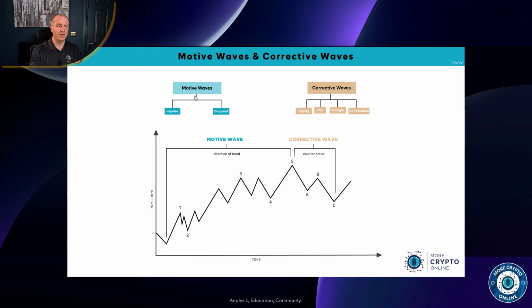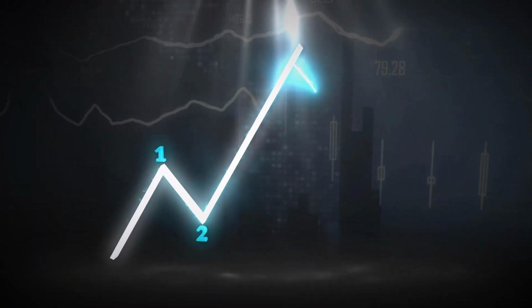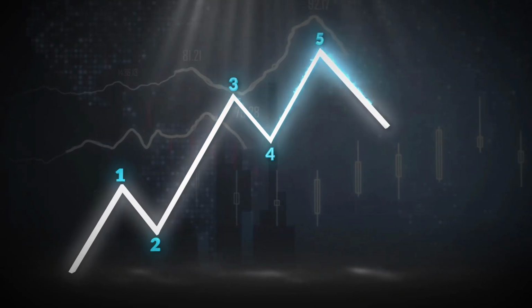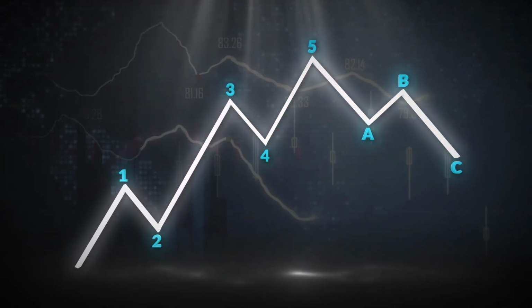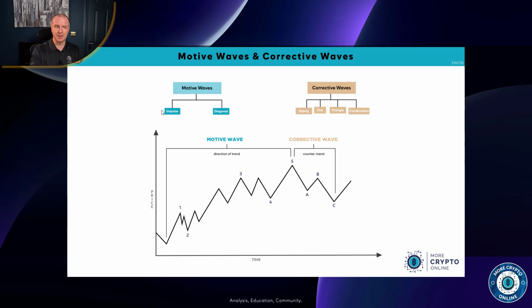You cannot have a motive wave with 3 waves. How is it going to work? You can't have a high, a higher low, and a higher high, but something is missing. That's not an uptrend. An uptrend, for example, needs a higher high, a higher low, and another higher high, and another higher low, and another higher high. Then you've got 5 waves, and that is essentially this 5-wave pattern that you see here on the chart. It's a motive wave that can be an impulse.